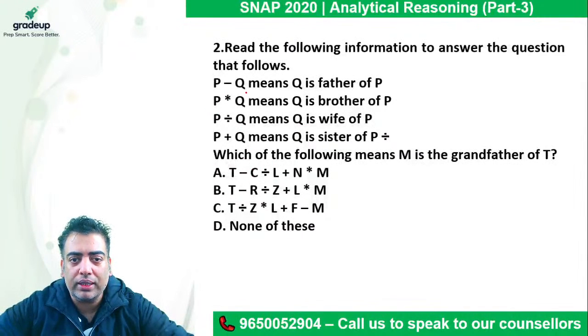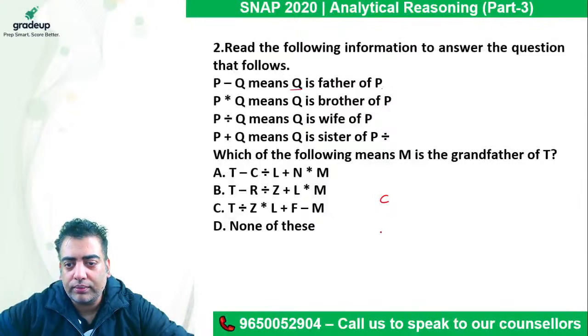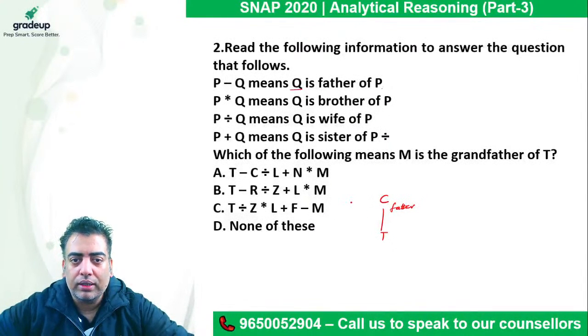Okay, so T minus C means C is the father of T. Then it is C divided by L. It means L is the wife of C. Now it will fit in.